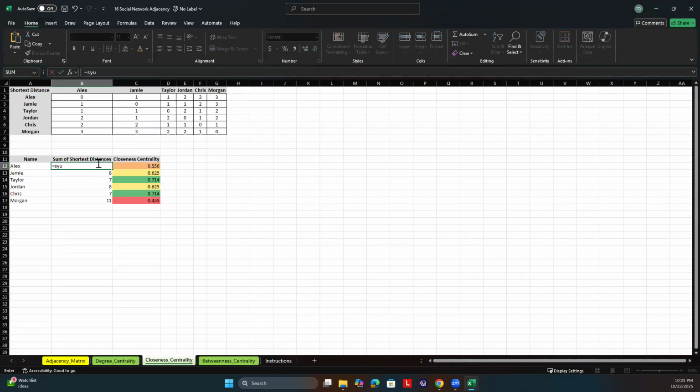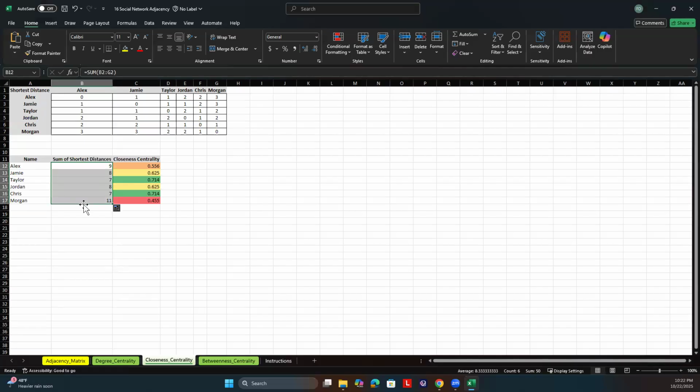The sum for Alex is 9, and I can drag it down, and you can see these are the sums of shortest distances.